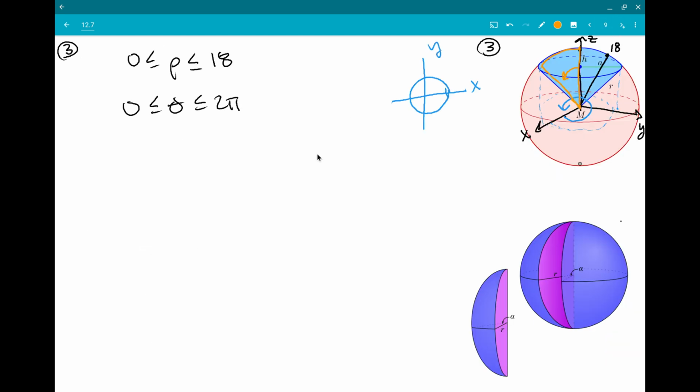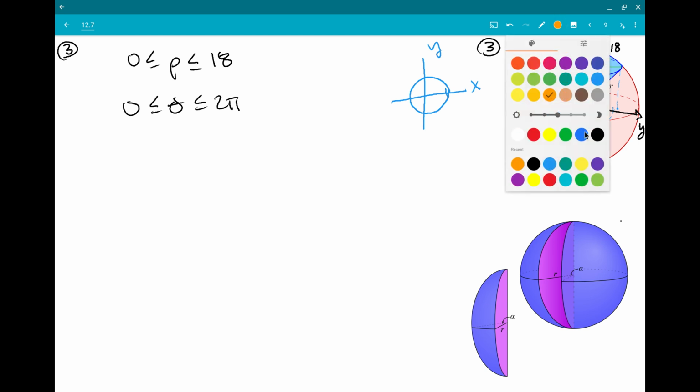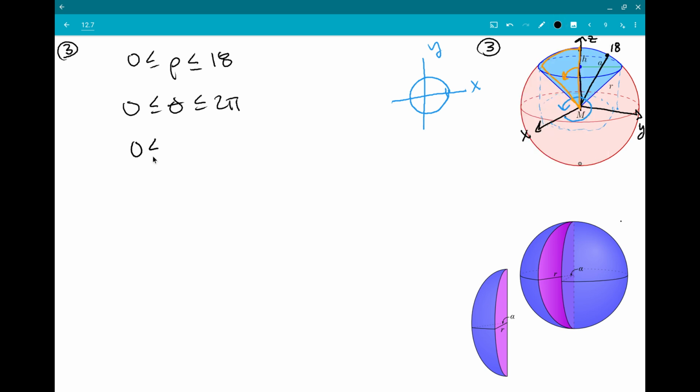But we do still start at the positive z-axis, so we know that the lower bound for phi is 0. And the upper bound is right here. And I'm just going to go ahead and say that that's exactly halfway down to the xy plane because it looks pretty symmetrical. So I'm going to say that's pi over 4.